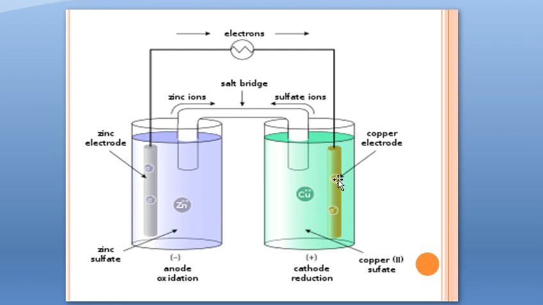Now copper, what happens here, we already have copper ions from copper sulfate in the solution. Those copper ions accept these electrons and are converted into copper metal, which gets deposited on this copper electrode. This is the basic redox reaction taking place in the cell. Since oxidation takes place here, the electrode is an anode, and reduction takes place here, the electrode is a cathode.